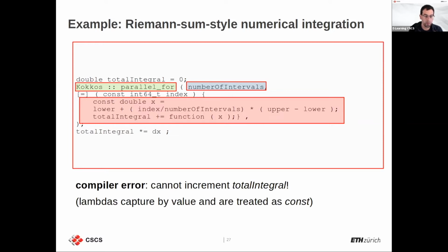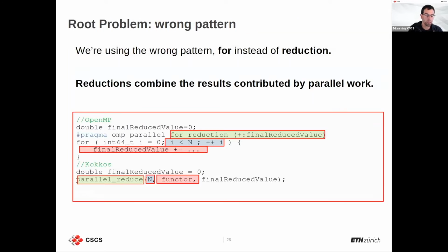There is one basic problem, which is the pattern. We have used parallel for. Parallel for is not the best option in this case, but there is a reduction. So we have to use a different pattern.